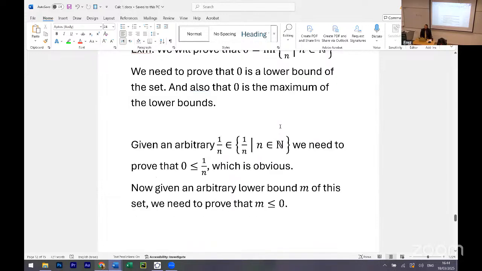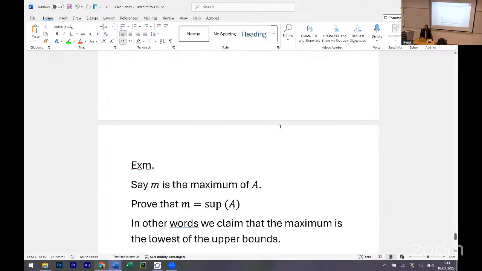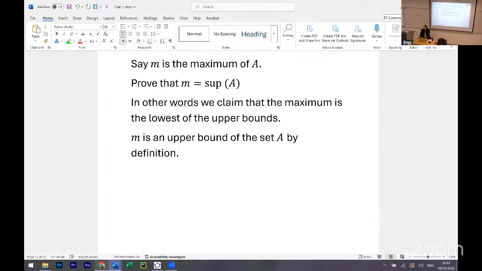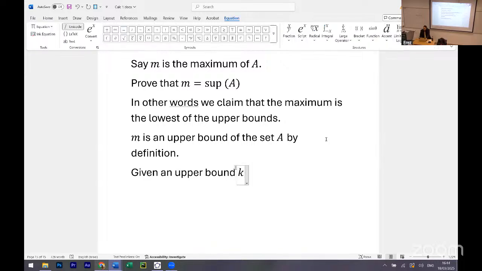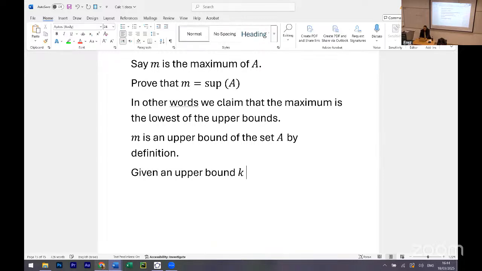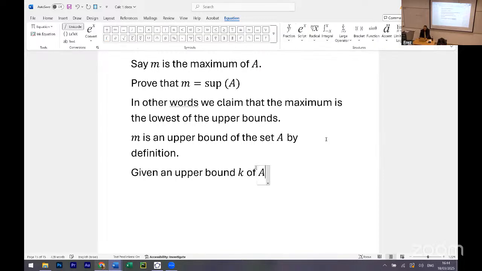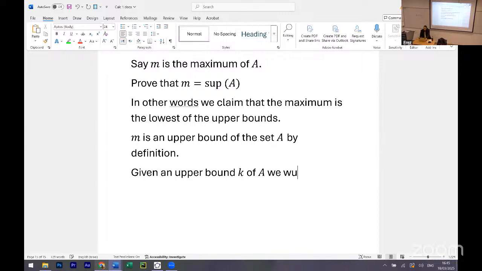Now I wish to show that it is the lowest such upper bound. So now, given an upper bound K of the set A, what do we need to prove?